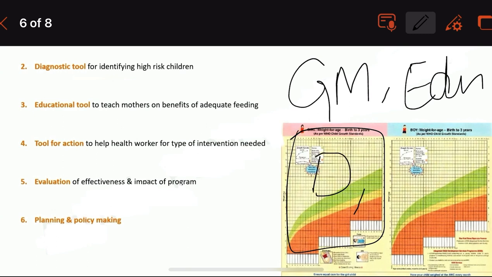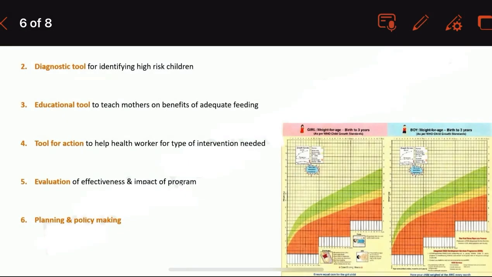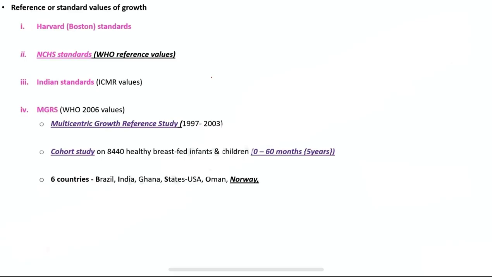Next, diagnosing any malnourished kid and doing the required intervention, the treatment. Lastly, you evaluated your program and brought in the planning and the policy changes in the next program. So this was the uses.